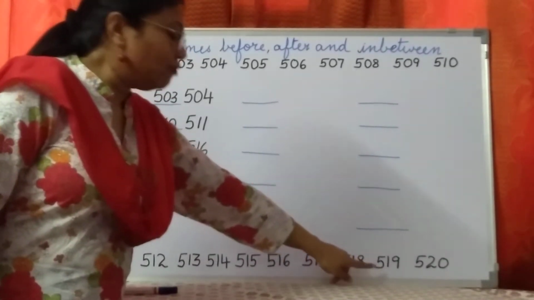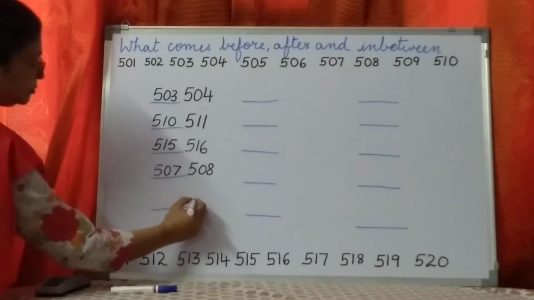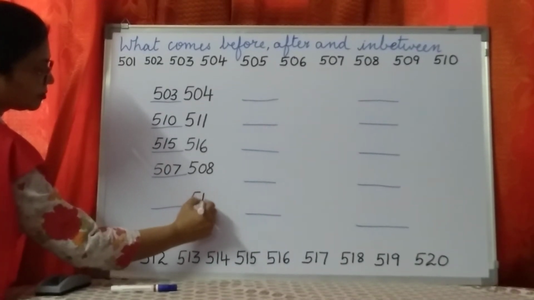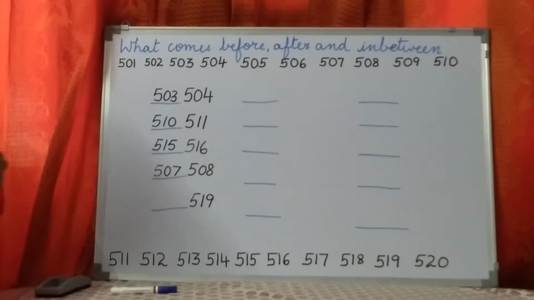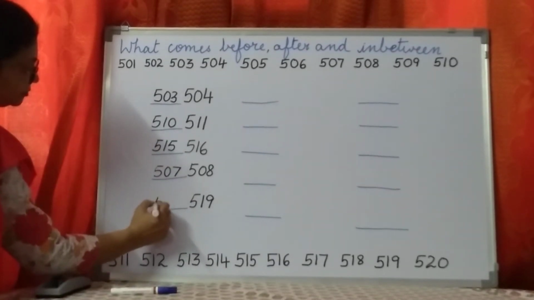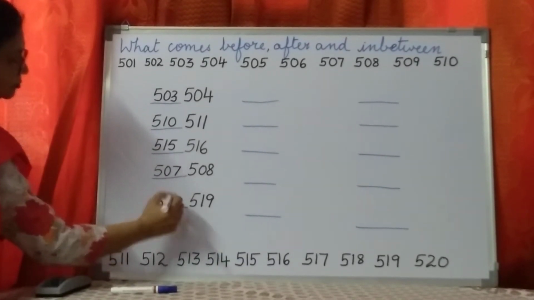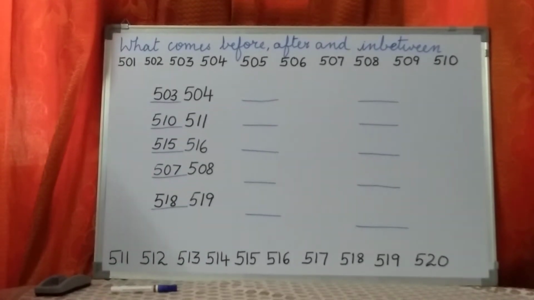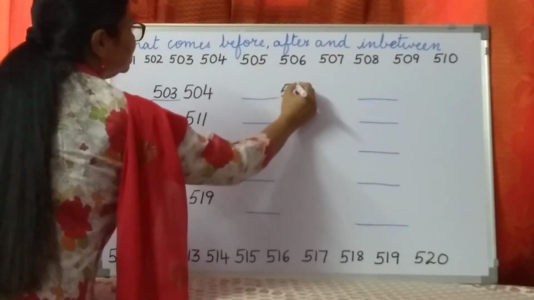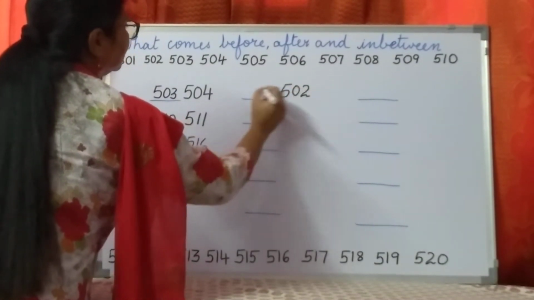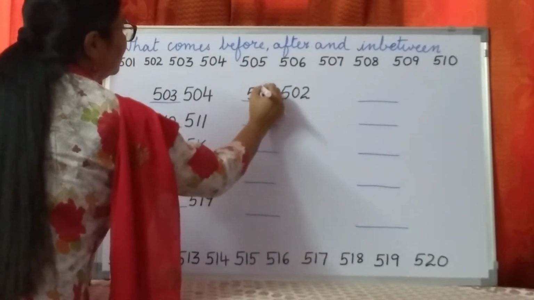Okay. What comes before 519? 518. Okay. What comes before 502? 501.